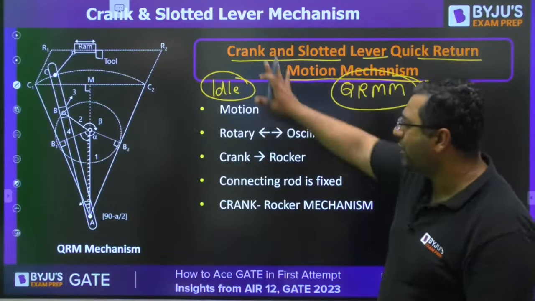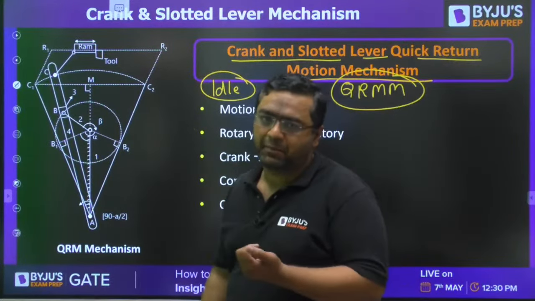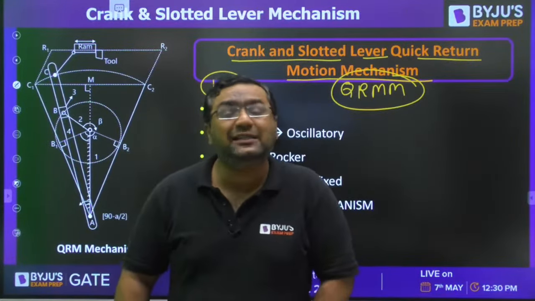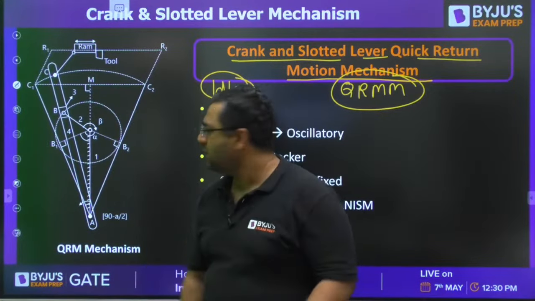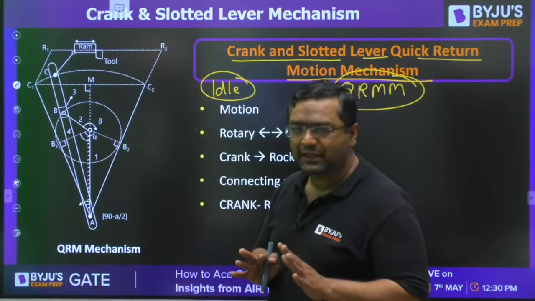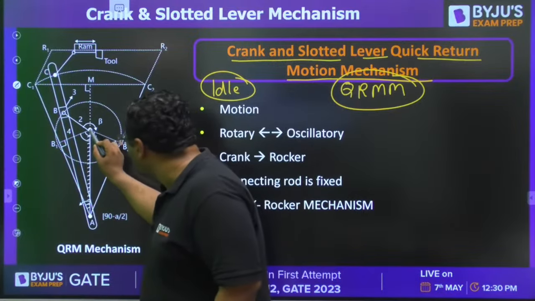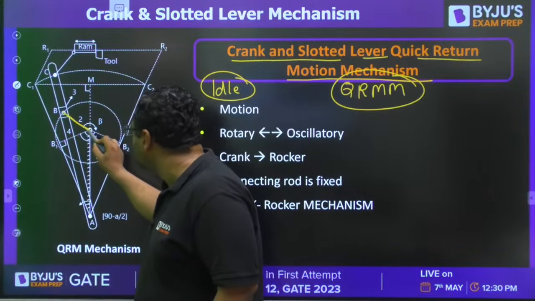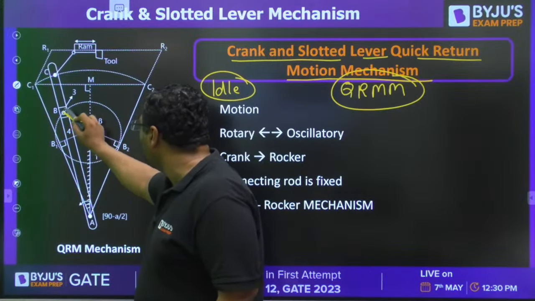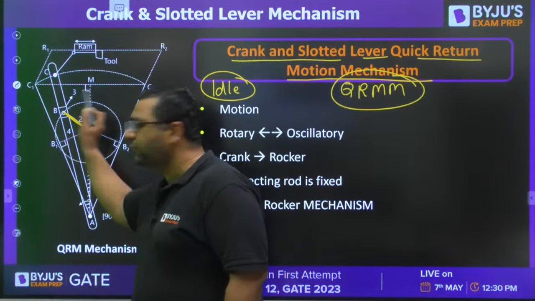And my dear, when you are going to see how it is QRMM, what is the concept behind that, let us discuss that. So first try to understand this mechanism. In this mechanism, you are going to have this link. This is a link which is going to rotate in this circle. Okay.